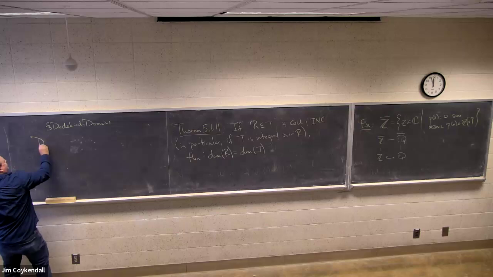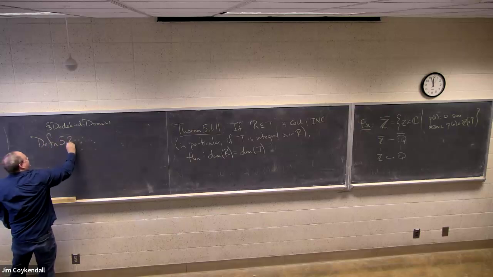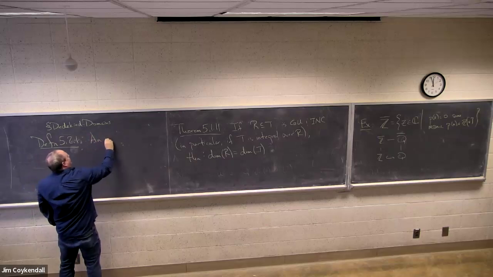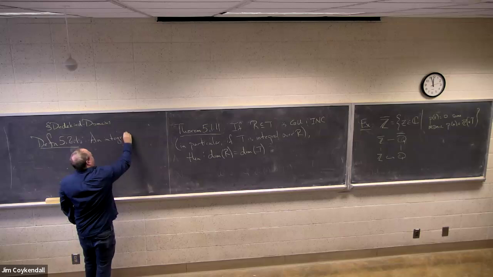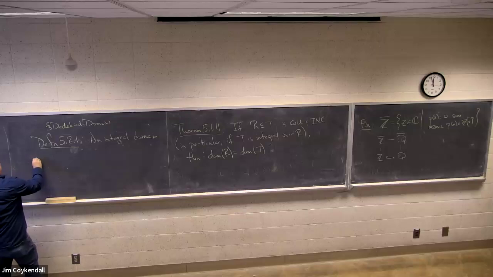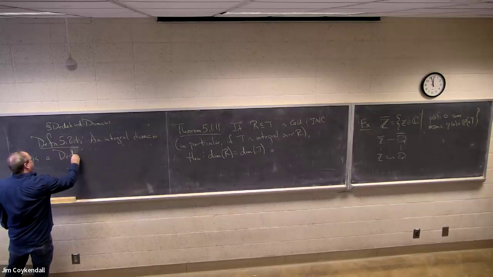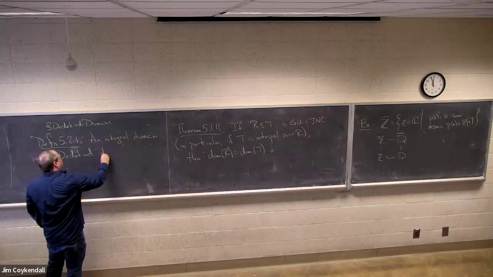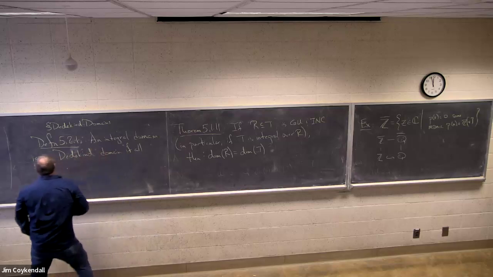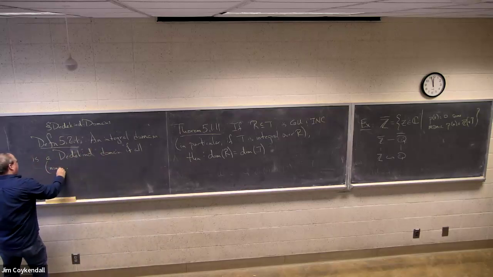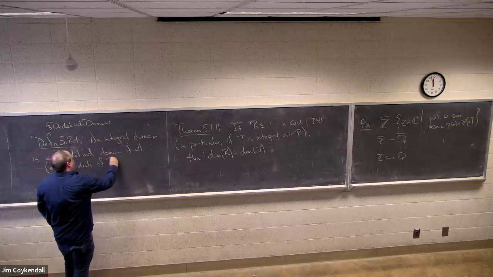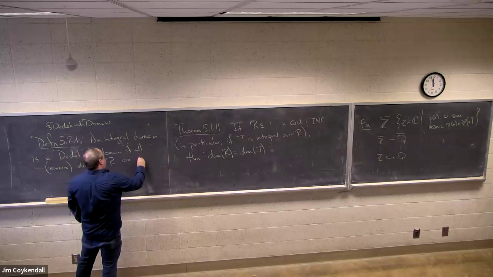Definition. An integral domain R is a Dedekind domain if all non-zero ideals of R are invertible.